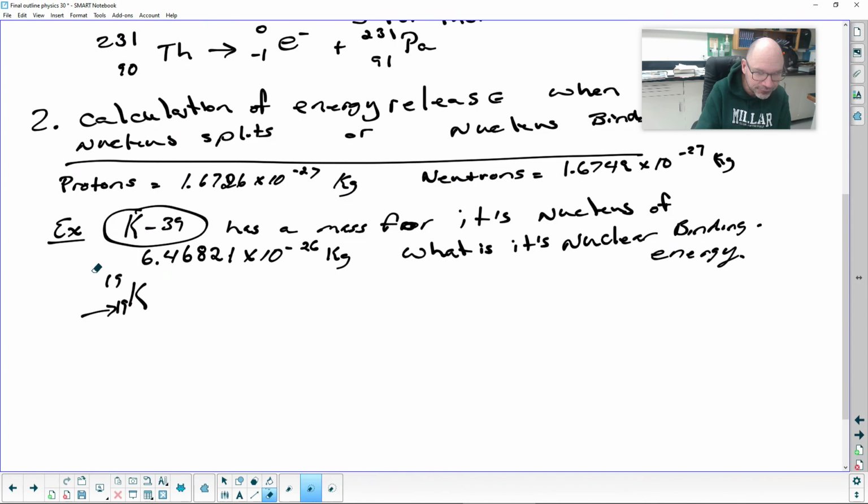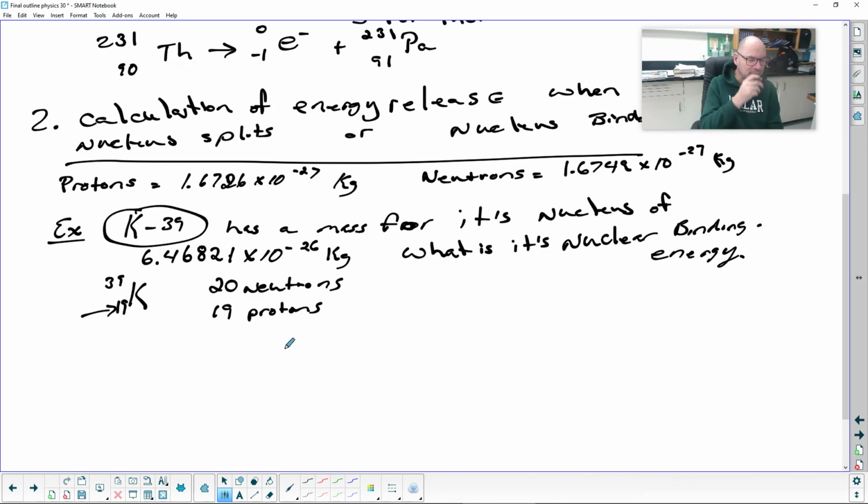So we'll switch it. Okay, so that gives us 20 neutrons and 19 protons. So that's what we're going to total up first. We're going to total the mass.